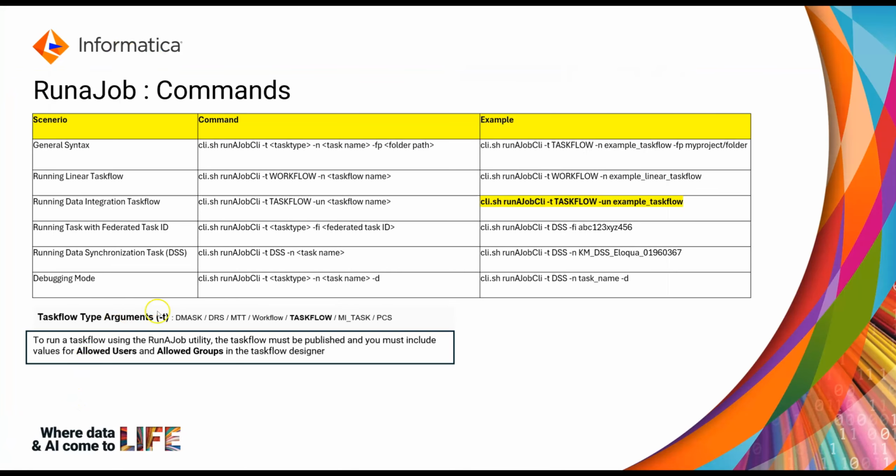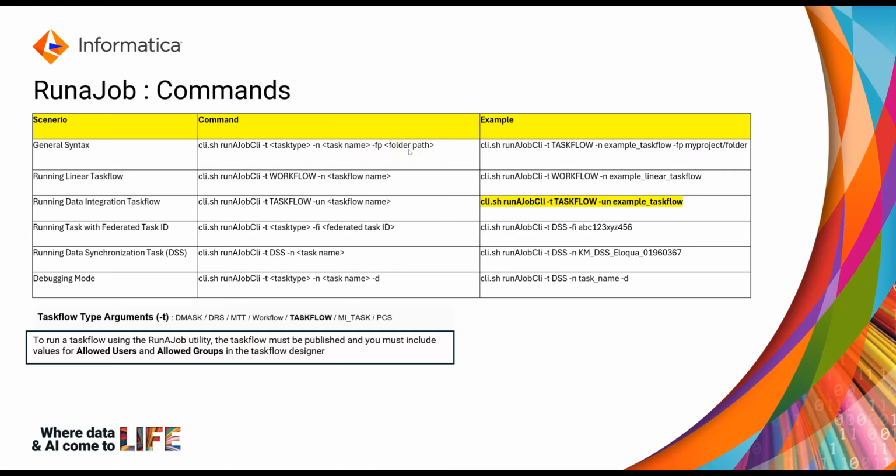So now as we are done with the setup, we will see the demo of how we run the job using this utility. So here we have the general syntax. First we need to use the CLI.sh script file, then we need to provide the argument RunAJob CLI, then -t. -t stands for task type, -n stands for task name, and -fp stands for folder path.